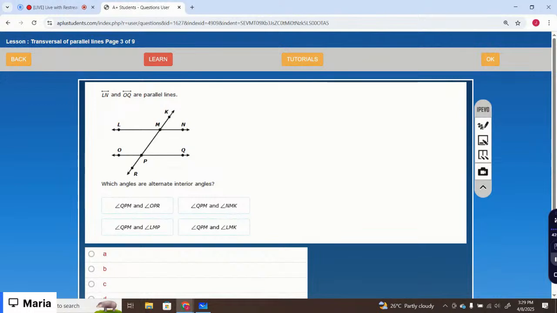L, N, and O, Q are parallel lines. Which angles are alternate interior angles? Okay, let's just see.